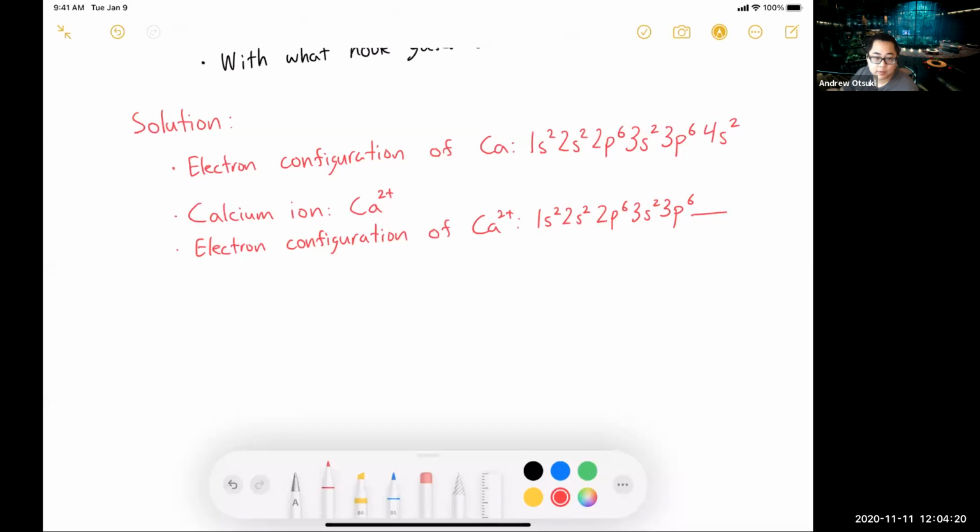Okay. So let's count these electrons: 2, 4, 10, 12, 18. So that's 18 electrons. The calcium ion has 18 electrons, which makes it isoelectronic.